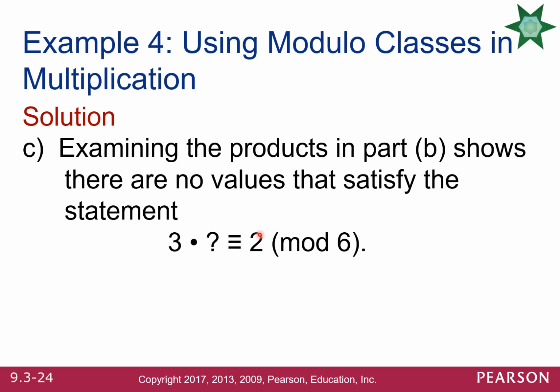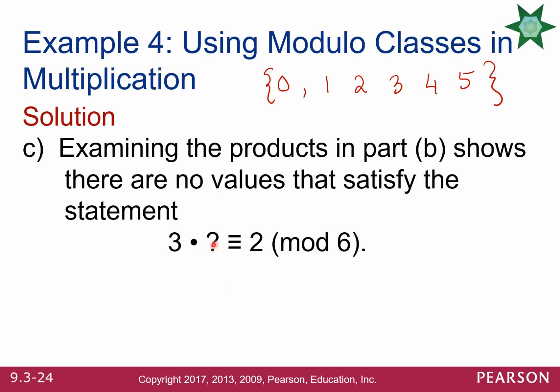Now, recall that we had worked through all possible value replacements for the question mark. The values that we could work with were 0, 1, 2, 3, 4, and 5, right? Those are the possible values that we can substitute into the question mark.